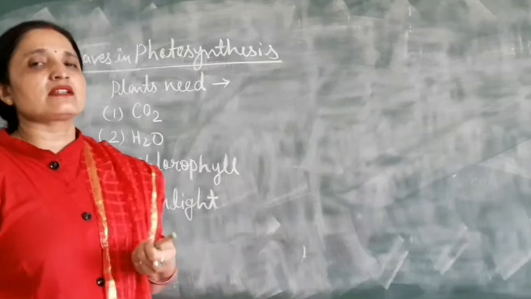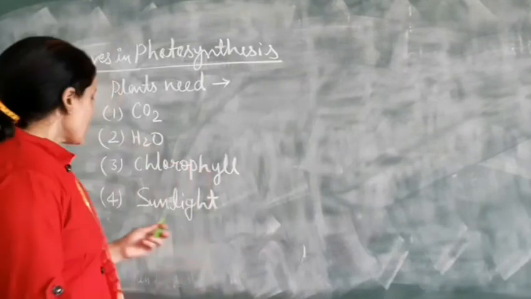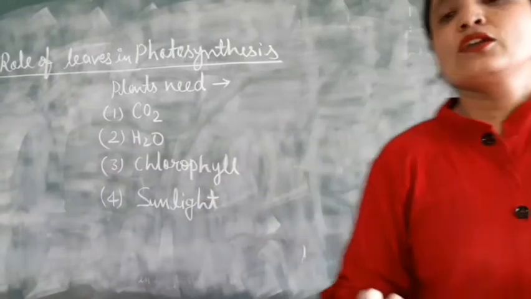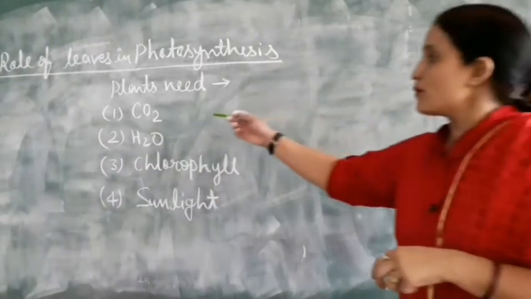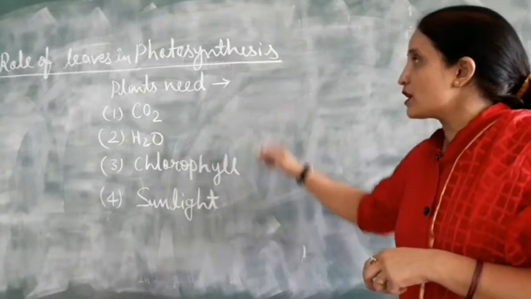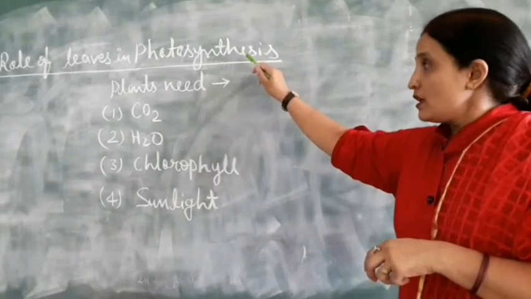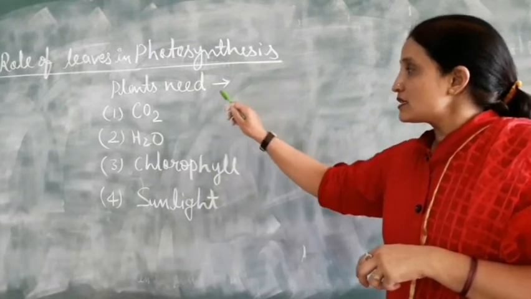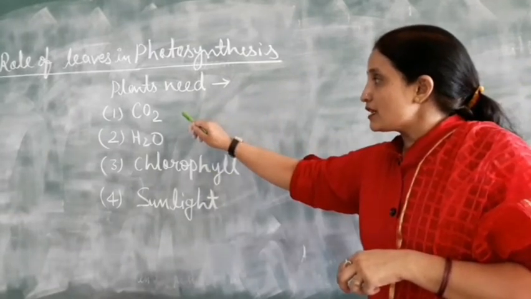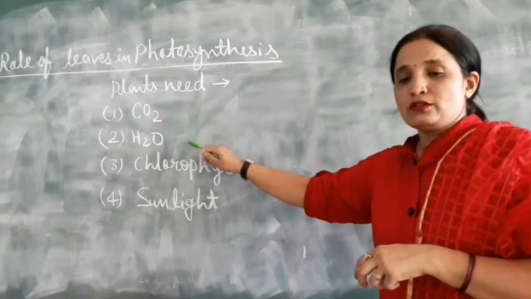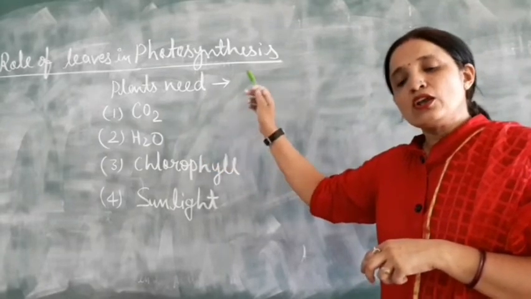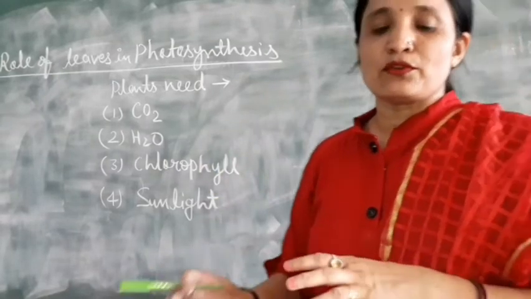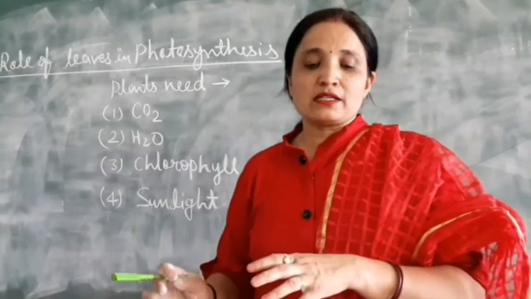Chlorophyll is already present inside the leaves, and the leaves absorb sunlight from the sun. So these are the four components necessary for photosynthesis. In the presence of chlorophyll and sunlight, plants prepare their food from CO2 and water and form glucose and oxygen. Like this, the leaves are helpful for photosynthesis in plants.